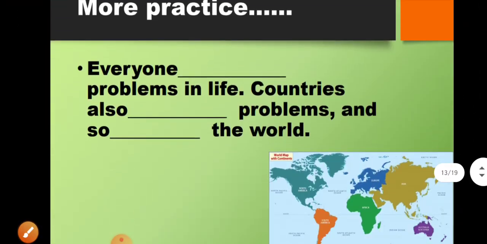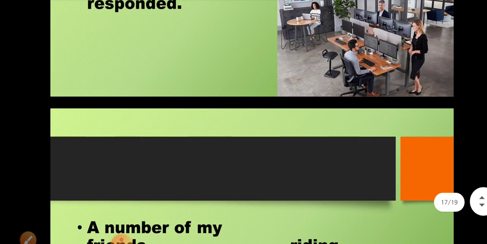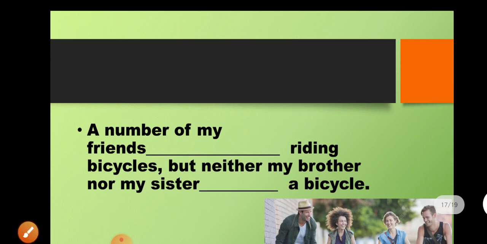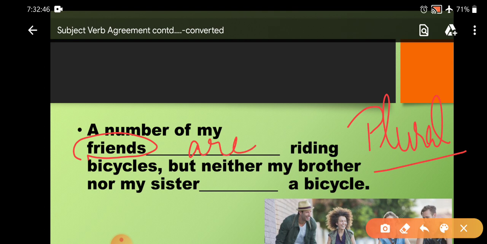So in the slide that we were discussing now, a number of my friends, I told you, friends is plural. So a number of my friends are riding bicycles, but neither my brother nor my sister. We did a rule, no? The subject which is closest will decide what the verb will be here.